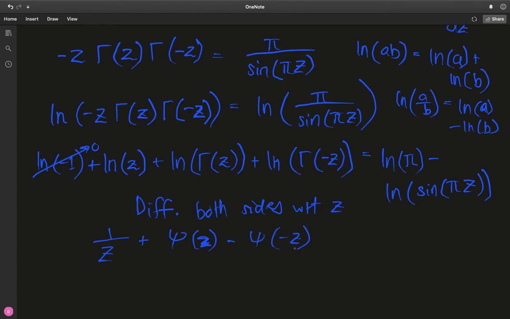Digamma of -z. Again, natural log of pi is a constant that becomes 0 on differentiation. And we have negative sine of pi times z in the denominator, and the cosine of pi times z times pi by the chain rule.